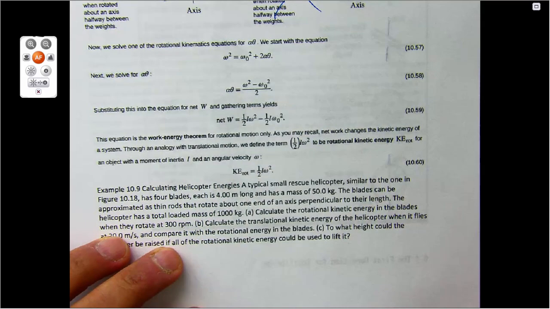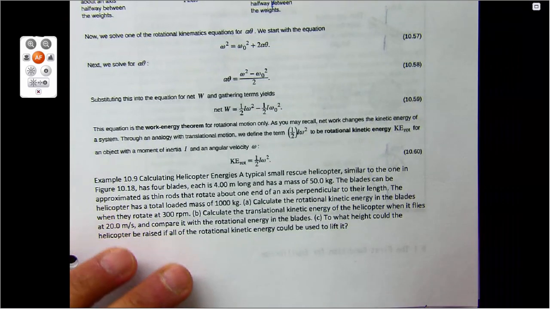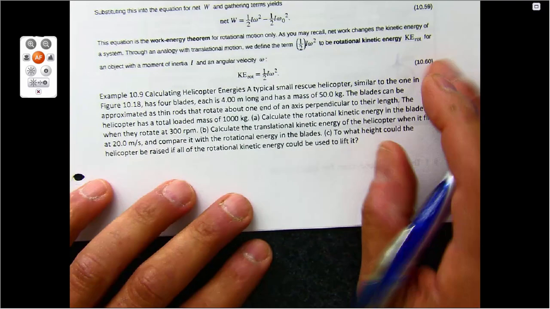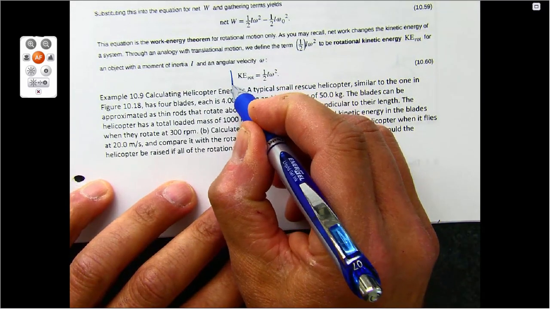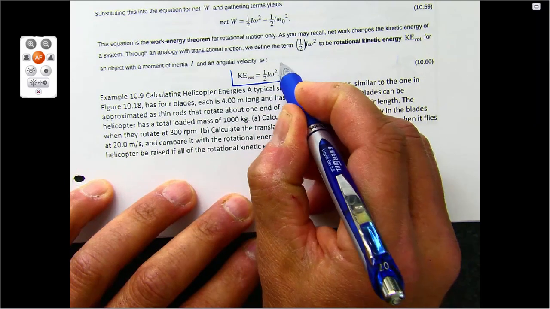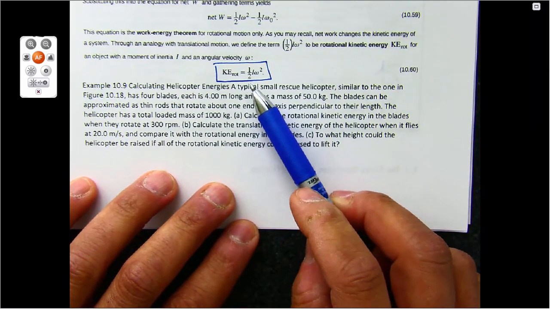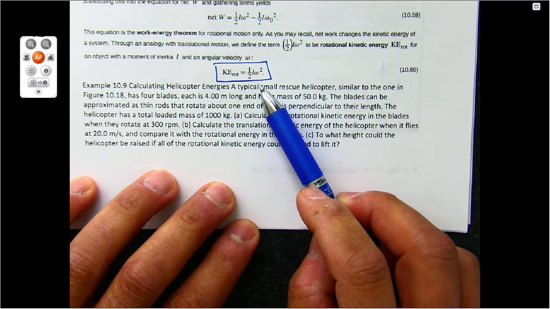But in rotation we would have it this way. If we do some substituting, we can show, and I'm not going to go through the whole thing, that rotational kinetic energy, instead of 1/2 mv squared, right?